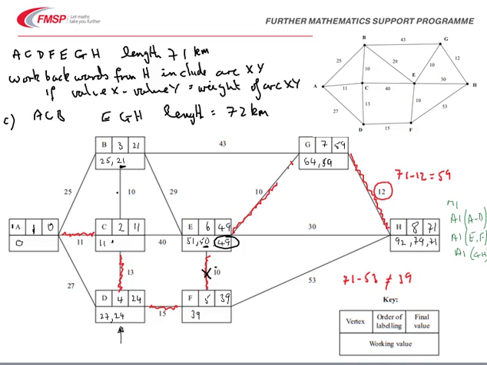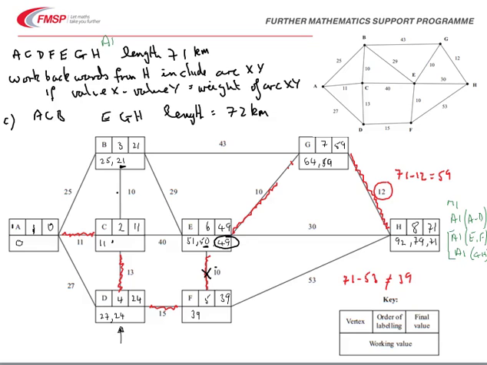The route itself is just an A mark, and that would be the correct answer only. So you'd only get that if you'd actually got the right answer, as there are no follow-through marks there, whereas in the marks beforehand, these were follow-through marks if you'd made an error.